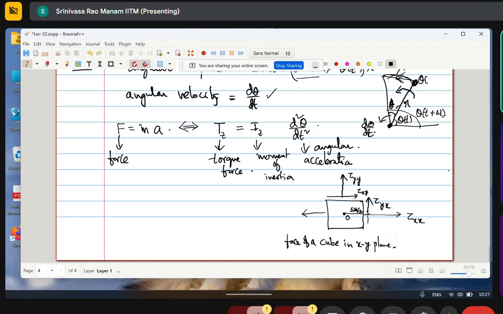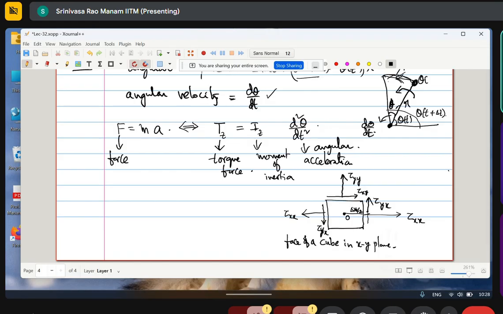So this is your tau xx, because this is opposite to this. And what is its y component? This will go like this. This is your tau yx. With negative signs or same sign?